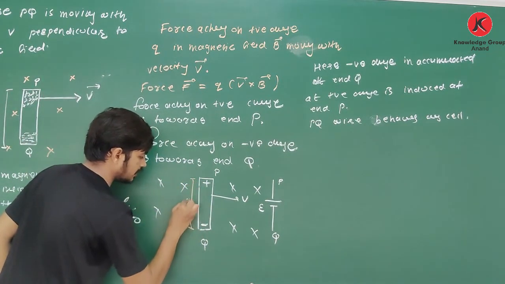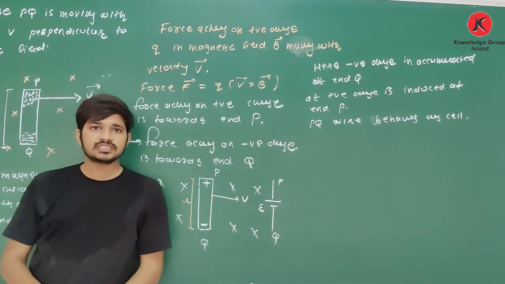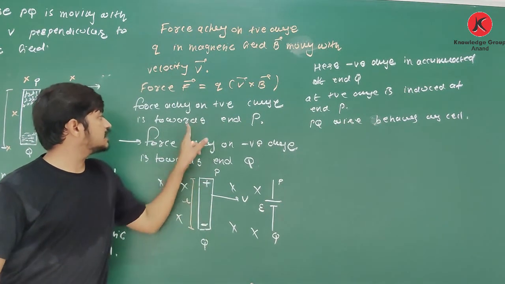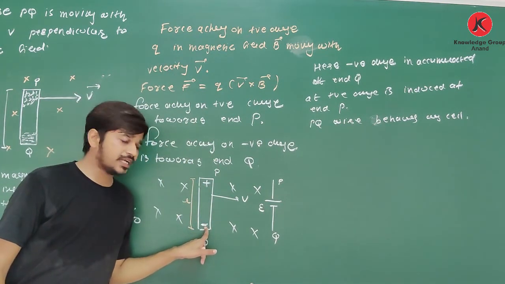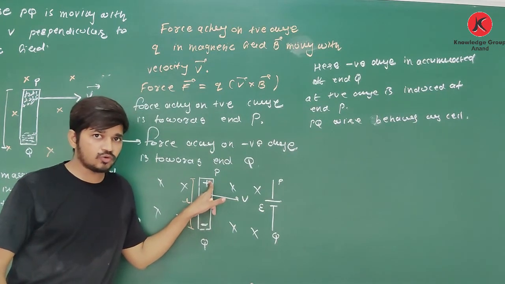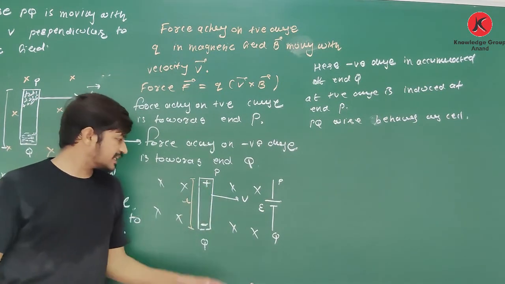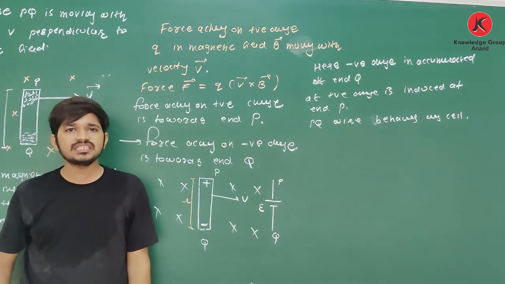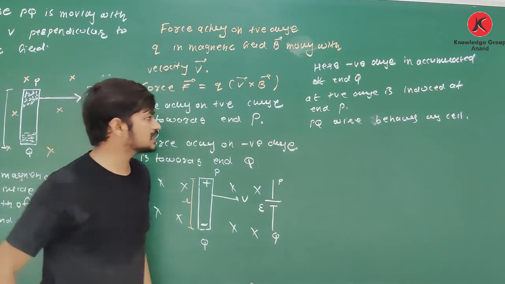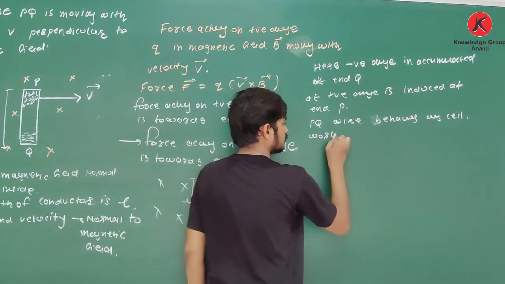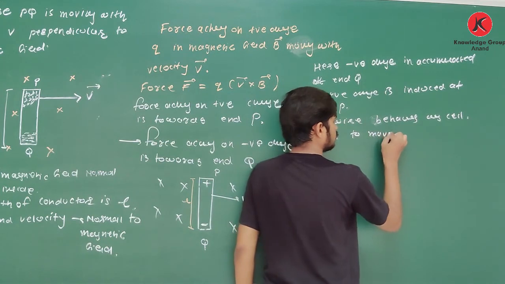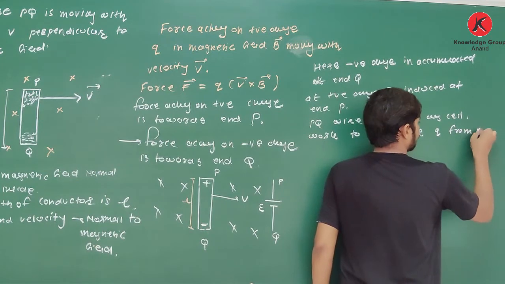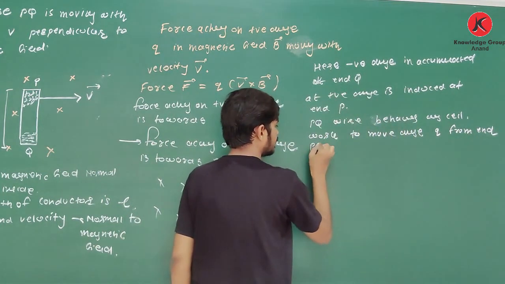This length is L. If the force acting on positive charge is towards P, or a negative charge is moving from point P to Q, then what is the work done? Work to move charge q from end P to Q.